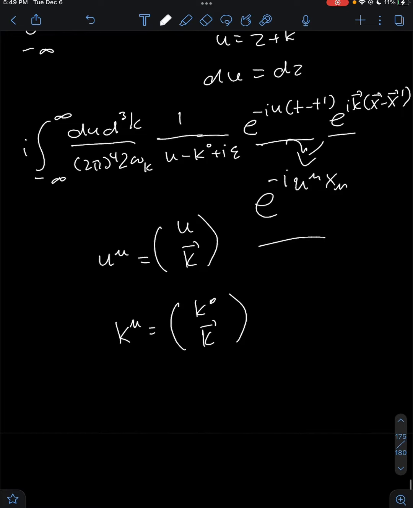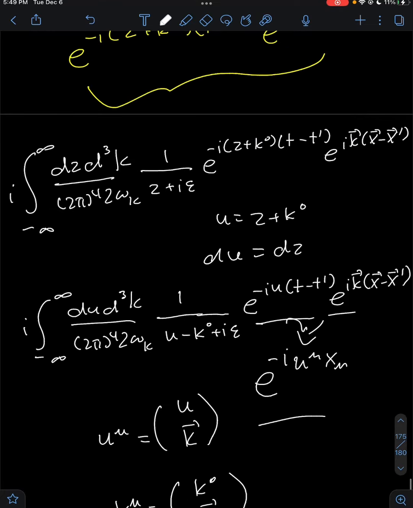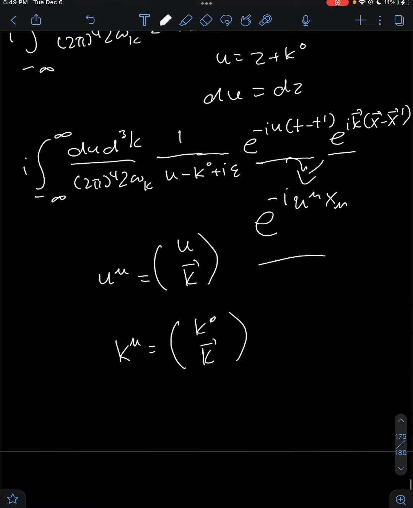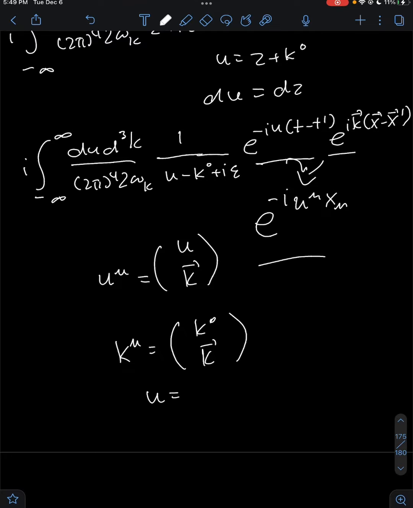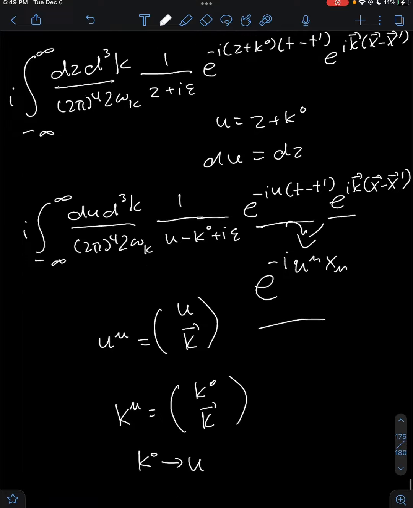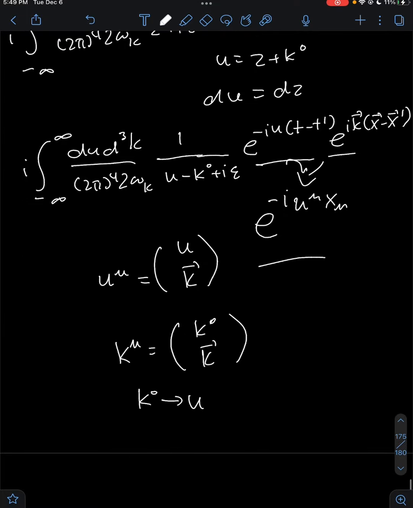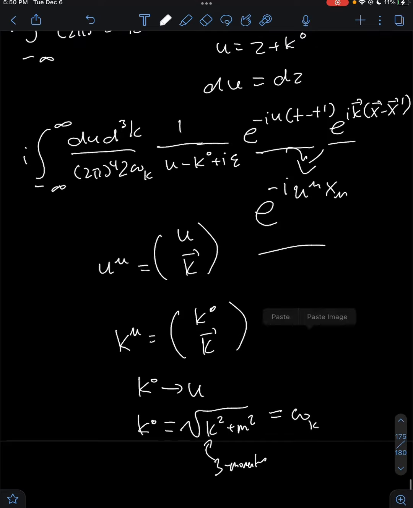We're going to pretend, just for funsies, that we replace k_0 with u. That's what we're going to do. Because here we have that u is z plus k_0, and k_0, remember, is the square root of k squared plus m squared, where k is the 3-momentum. That's also equal to omega_k, by the way, which is what's over here.